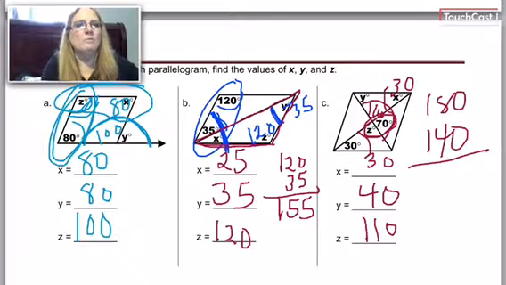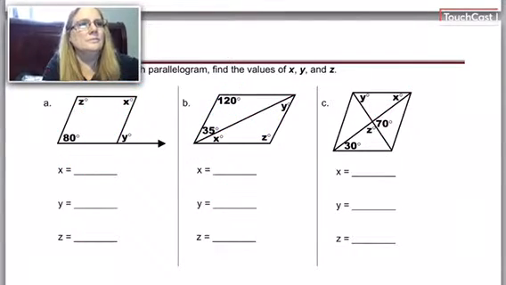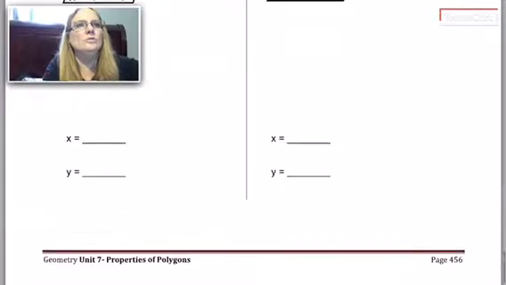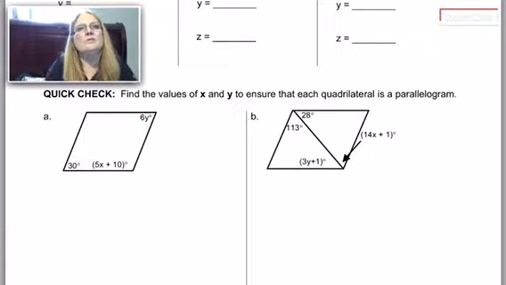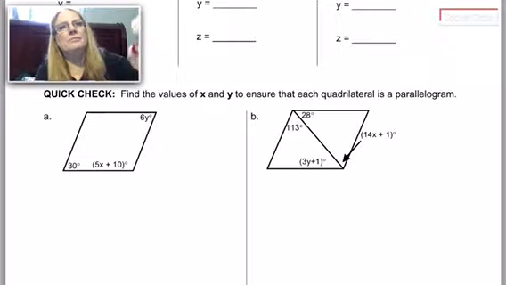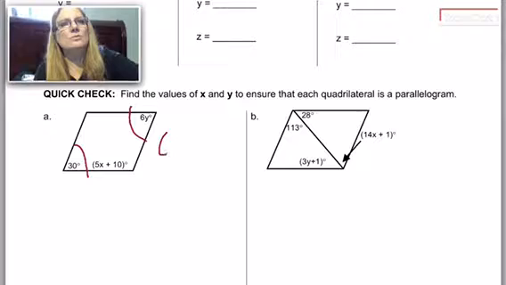Okay, I think we have one more problem at the bottom. Okay, well, two together. Find the values of x and y and ensure that it's a parallelogram. So in other words, if it's a parallelogram, opposite angles are congruent. So that means 6y would be equal to 30.